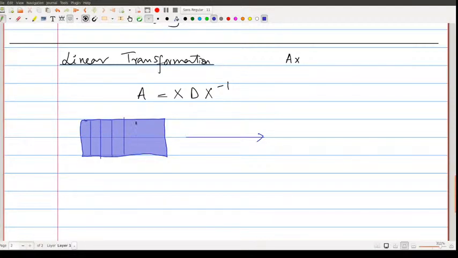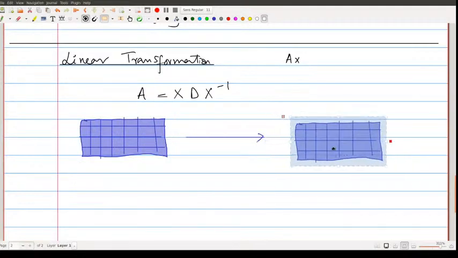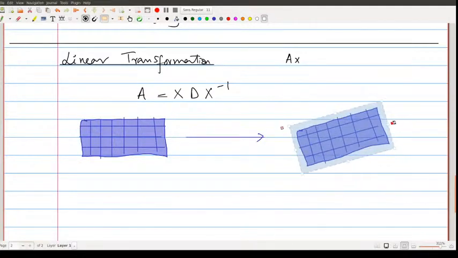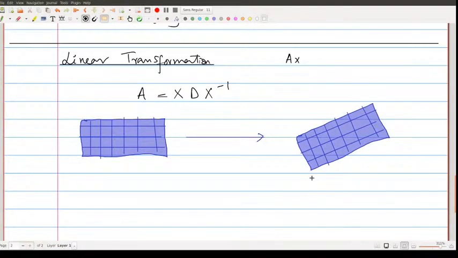So let's say these were the bases, rectangular bases in which the space was being spanned. And now once I transform this, it turns into, let's say, some space of this kind, right? Now the question is that what A is doing, that same transformation should be done by X D X inverse. But then what are these other matrices doing?